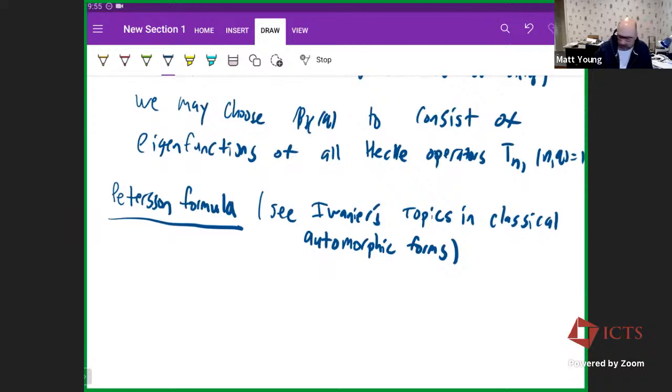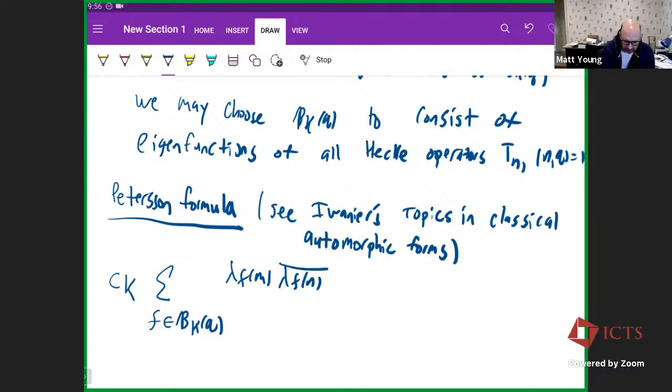What it says is that there's some constant that depends on k that involves gamma functions and powers of pi and all that stuff. But if you sum over the elements in this basis, and you take the coefficients lambda f of m, lambda f of n bar, and then you divide by this inner product so that this thing scales appropriately, then this is equal to the delta function that m equals n. That's our main term.